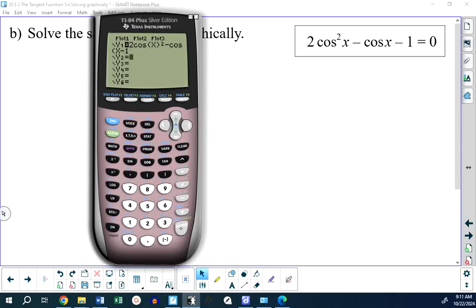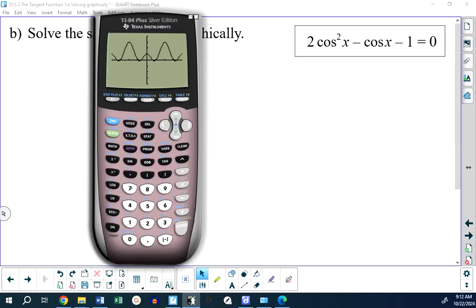Now, we are going to want answers in radian values, but we will not recognize radians in decimal form. So what we're going to do instead is make sure we are in degree mode, and then go zoom trig, keeping in mind that it goes from negative 352.5 to positive 352.5.